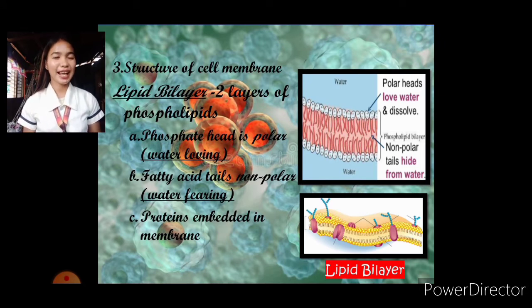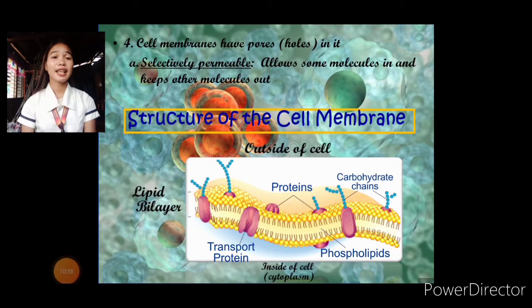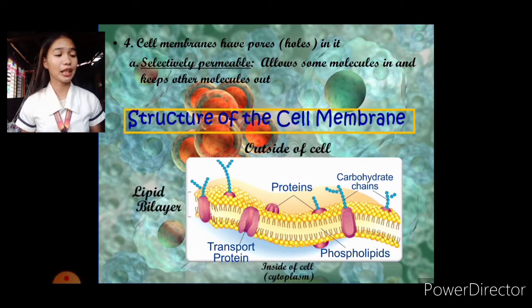Very good, that's right. So next, cell membranes have pores or holes in them. These pores allow small particles or molecules to pass easily. That's why it is selectively permeable. Selectively permeable only allows some molecules in and keeps other molecules out.